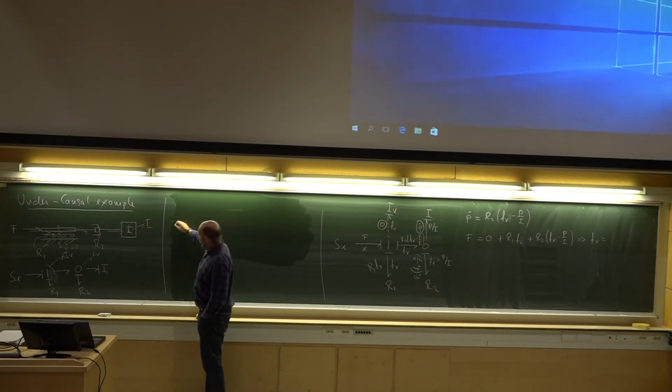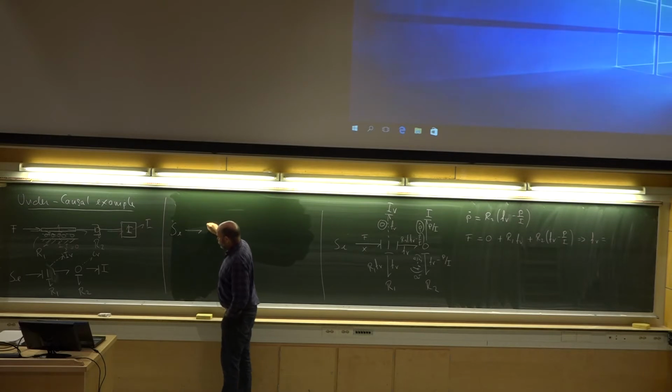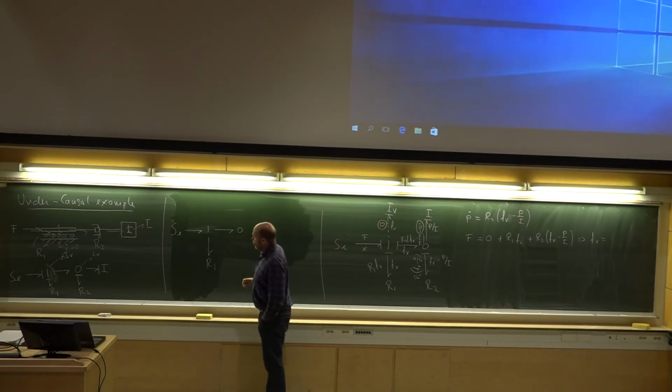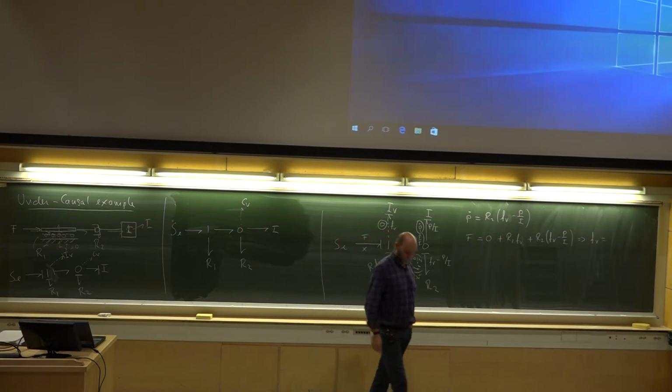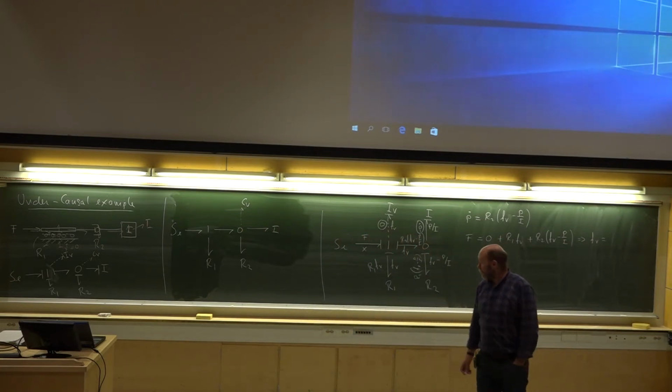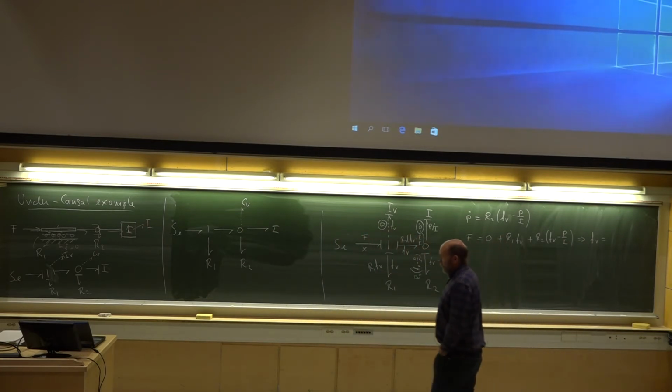So now what? We will have the effort hitting a 1 junction, R1, continuing to a 0 with now a virtual C, I element, R2. Here we go. Now what? Try the causal strokes.